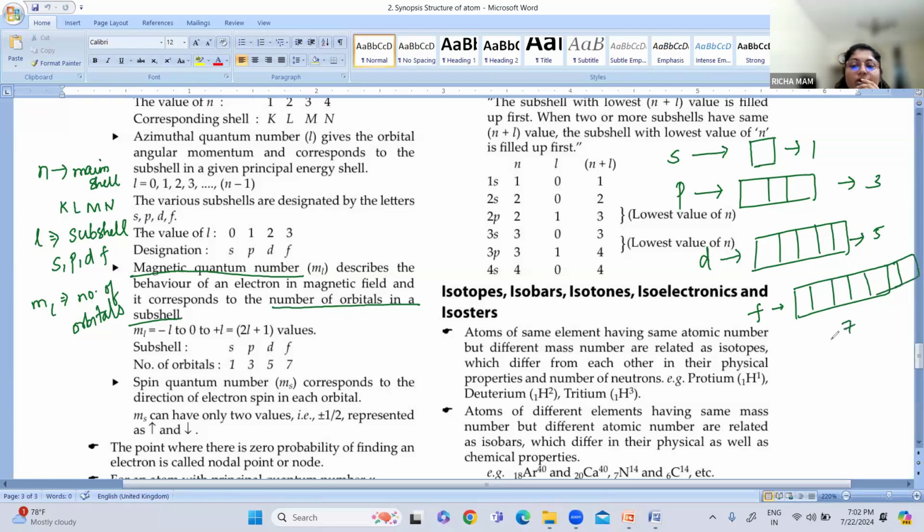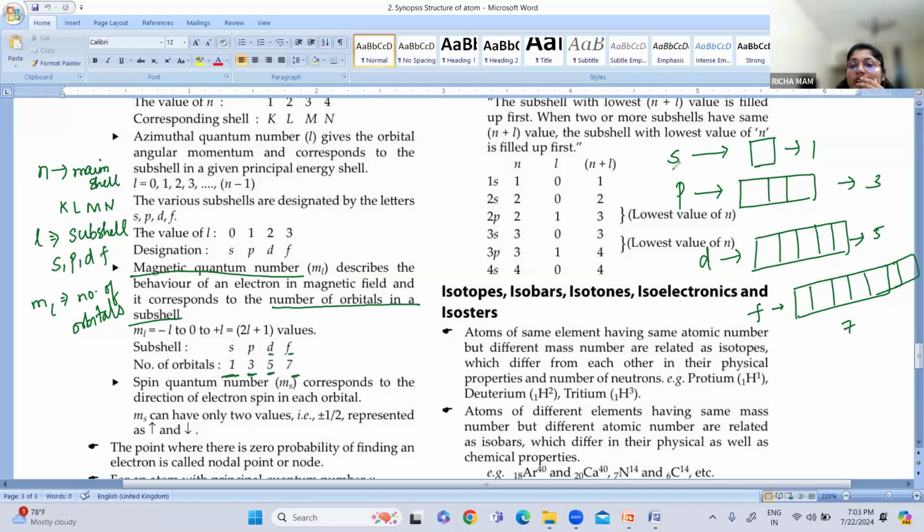It has seven orbitals. Remember this, very important. I hope you are noting down these things. So magnetic quantum number represents the number of orbitals in a subshell: S contains one, P contains three, D contains five, and F contains seven.